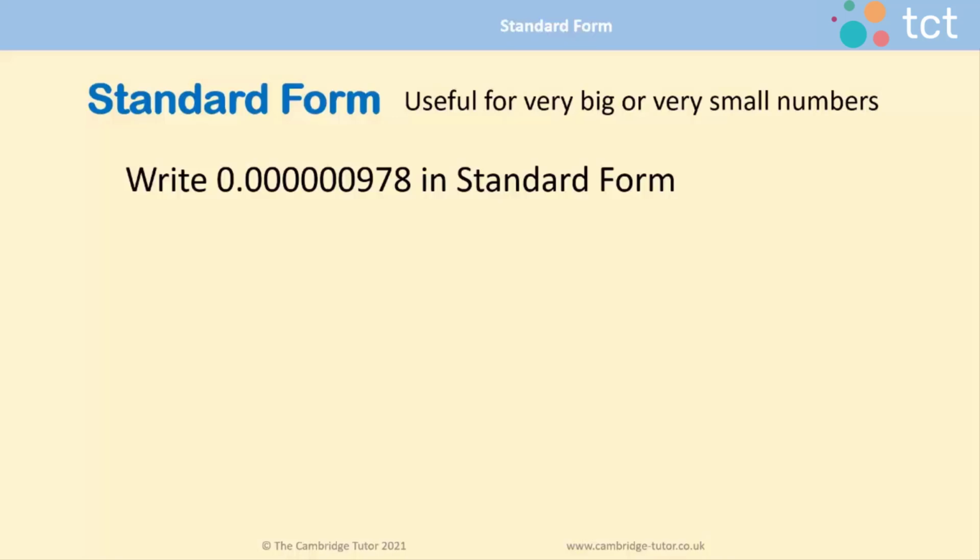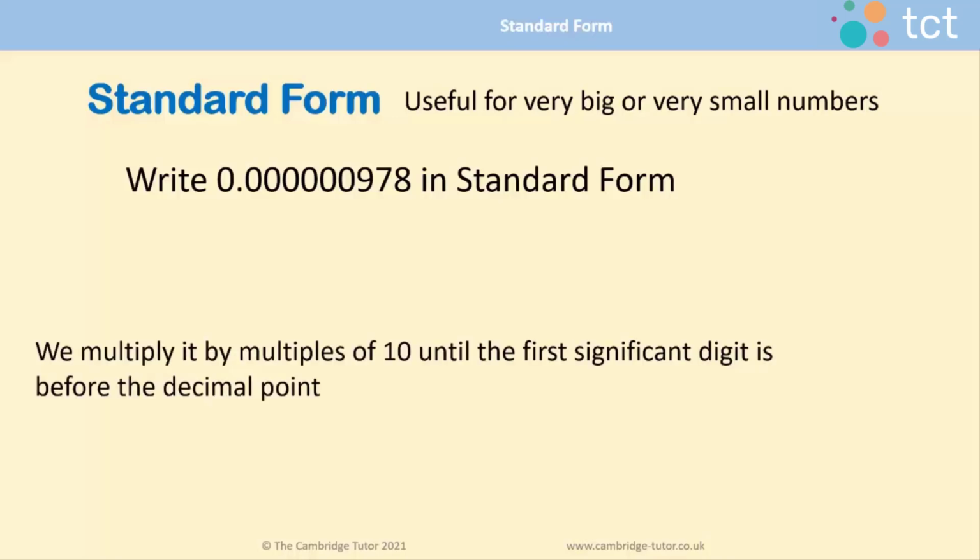And here's a similar one, just with more significant digits. So we're going to write this number in standard form. We keep multiplying it by 10 until that first significant digit, the 9, is the other side of the decimal point. So multiply by 10, another 10, another.